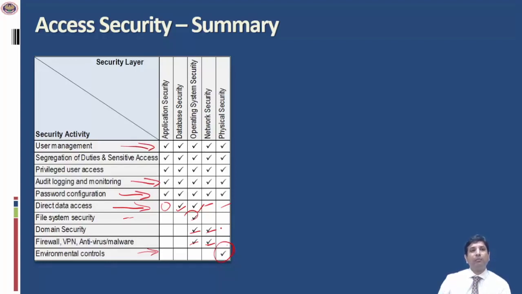Now let us look at some examples of what risks can be present within the access security domain and what controls can be implemented by a company to protect those or mitigate those risks.